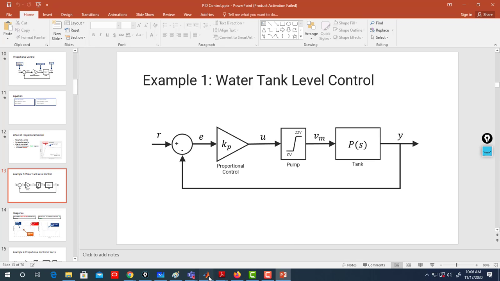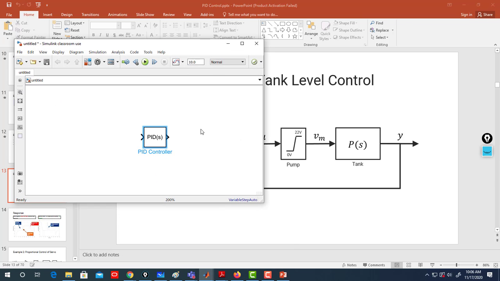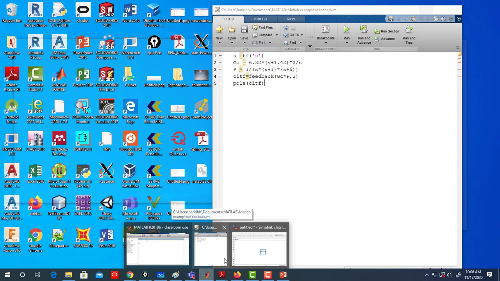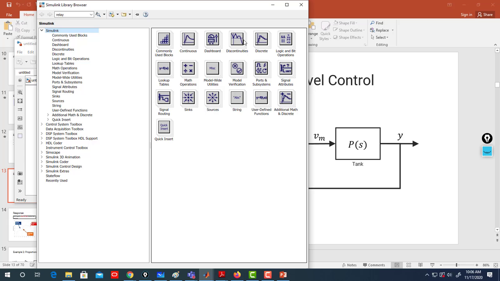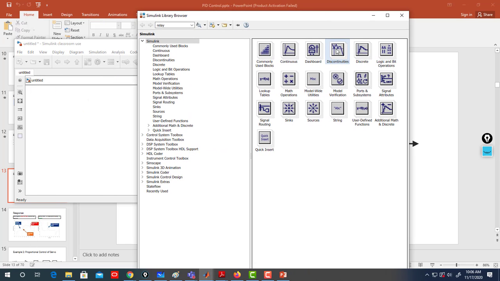Maybe I go to the library, and if I go to the discontinuity, maybe double click.